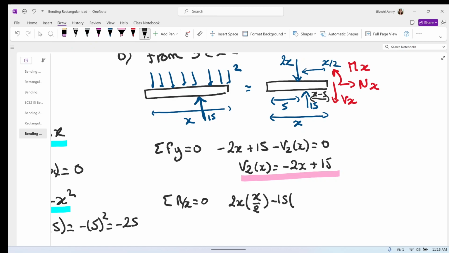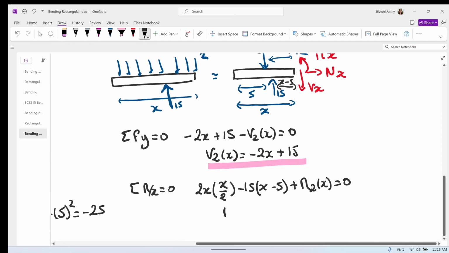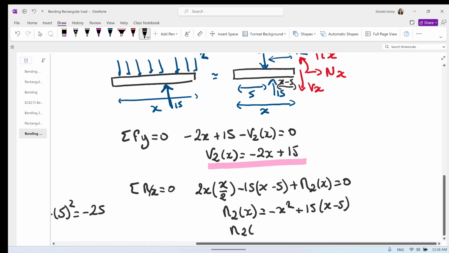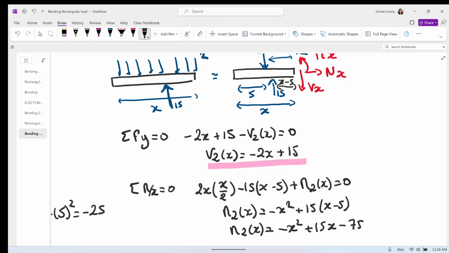X minus 5 times x minus 5, and Mx is positive, so plus M2 of x equals 0. So we get M2 of x equals, we switch the sides, minus x squared plus 15 times x minus 5, that we can write minus x squared plus 15x minus 75.